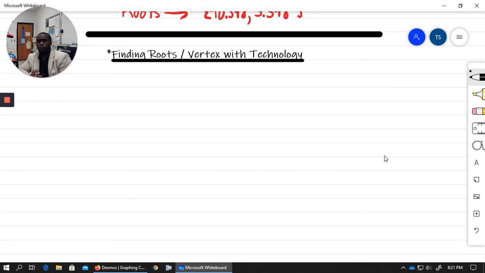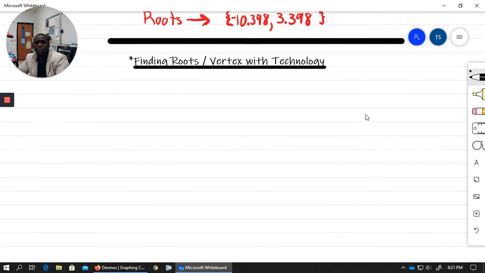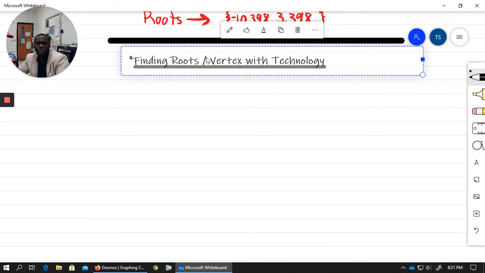All right, so again, folks, if you are asked to find the... it won't be finding the roots, it's going to be graphing.